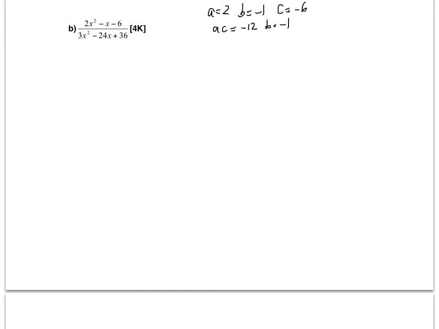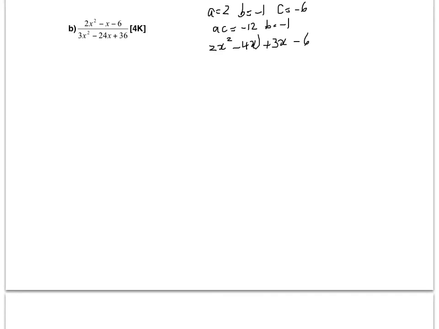Two numbers whose product is negative 12 and add up to negative 1 are negative 4 and 3. So the middle term can be decomposed into negative 4x plus 3x, so I can write the numerator as 2x squared, negative 4x plus 3x, minus 6.